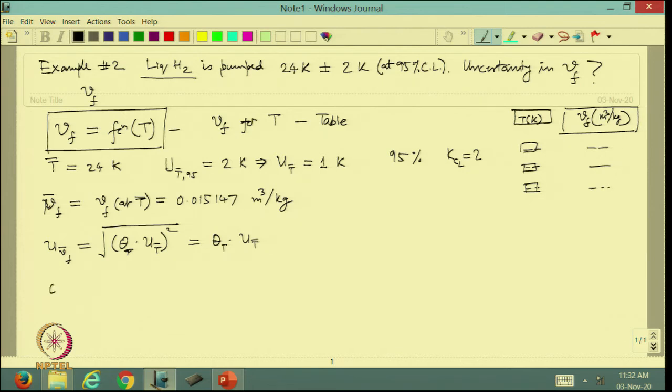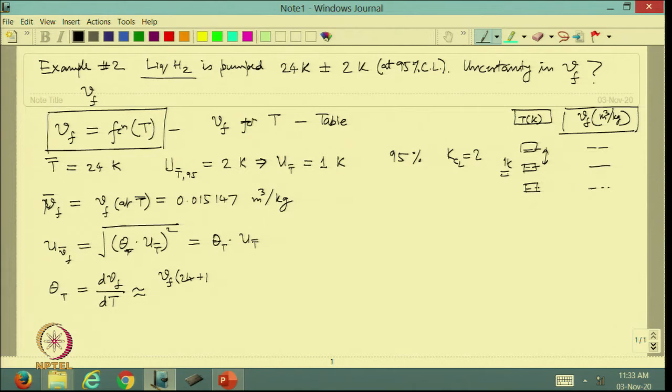So, what we do is we say that theta t, which is d V f by d t, we will approximate as a finite difference, which in our case we will say we will take V f at some higher temperature, say instead of 24 we will take 24 plus 1. 1 is the interval for interpolation we are taking; it is the fact that this table is given at 1 Kelvin interval.